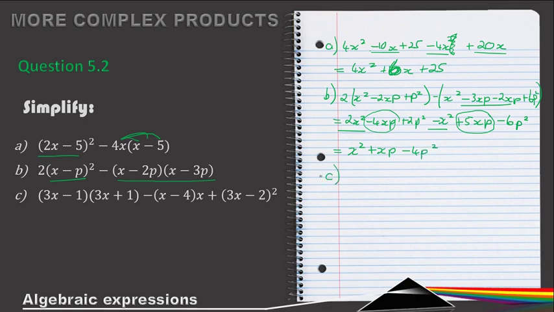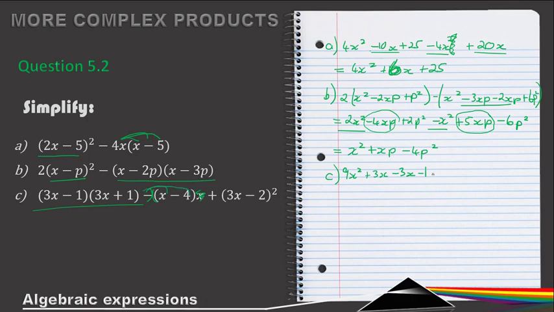For C, multiplying that out, we have 9x squared plus 3x minus 3x minus 1. And then when we multiply this one out, we just put the x also here. So we remove it here, so we can just multiply it in from the left-hand side.